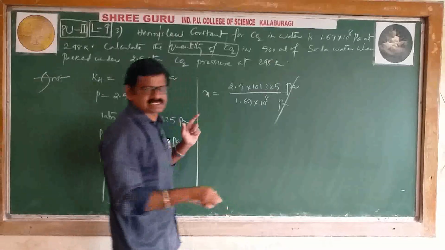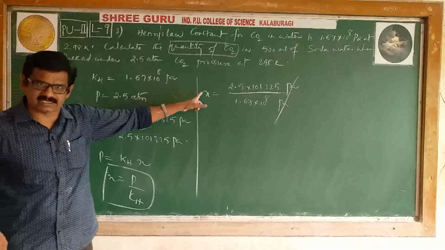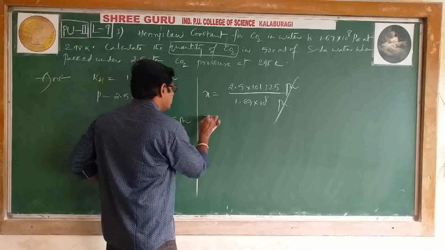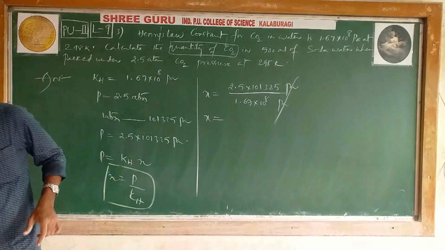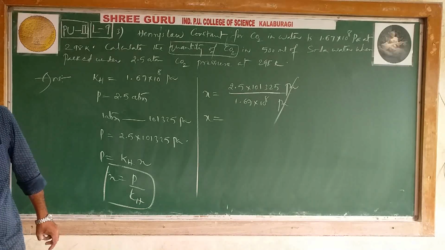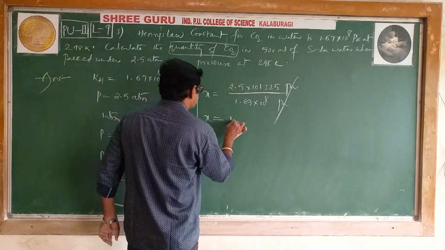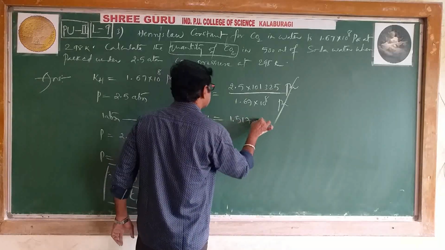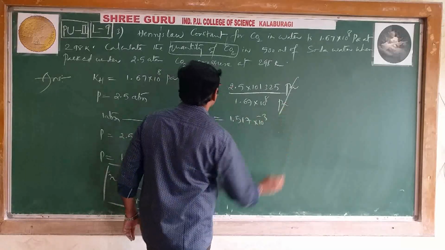Now Pascal cancels because mole fraction does not have any units. If you do the simplification, you will get a mole fraction equal to 1.517 into 10 to the power of minus 3.